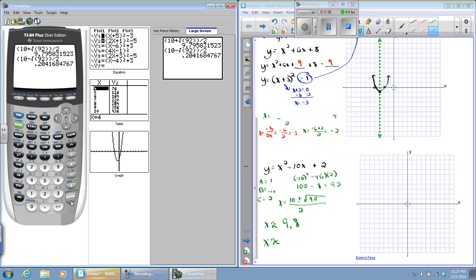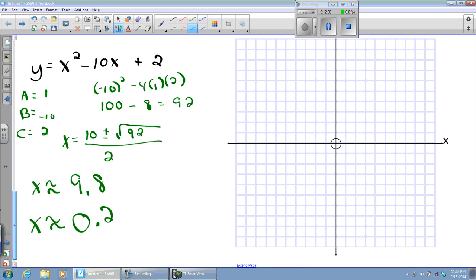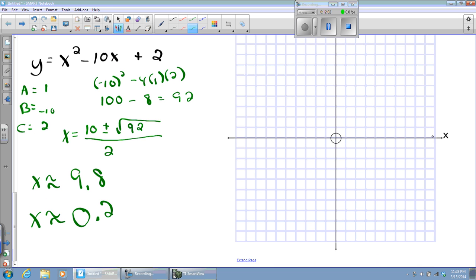We get about 0.2. Okay, very good. So, let me come back here. Come in, get big. There you go. Oops, wrong place. All right, so 9.8 would be about there, right? And that would be there, right?